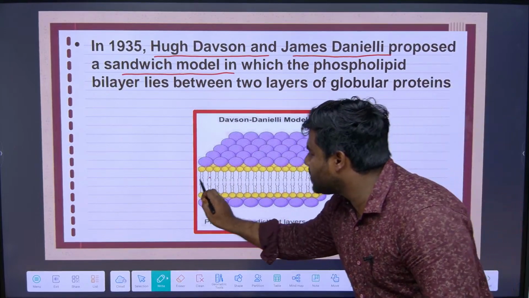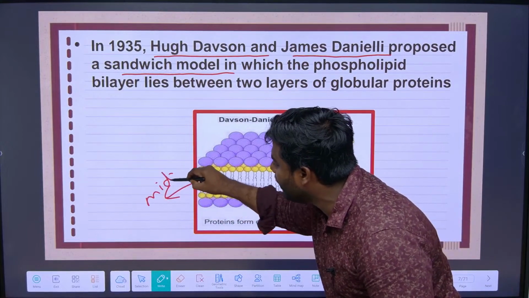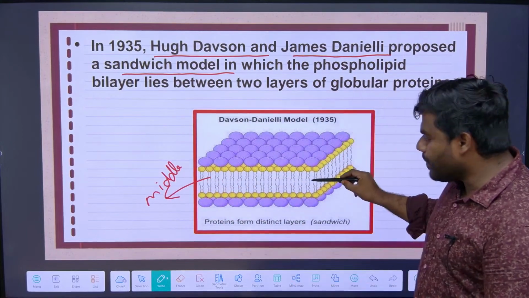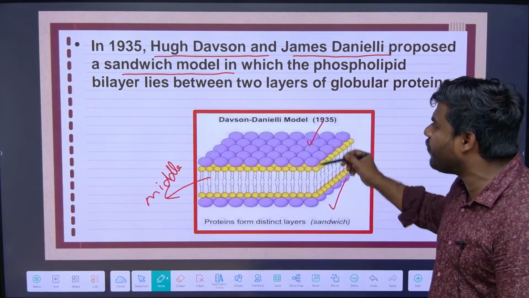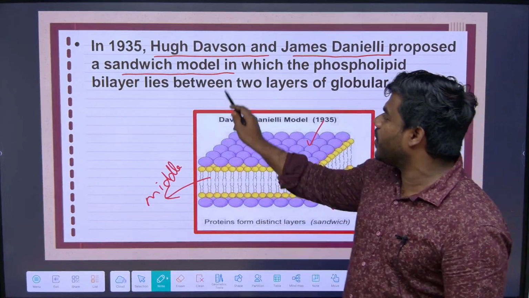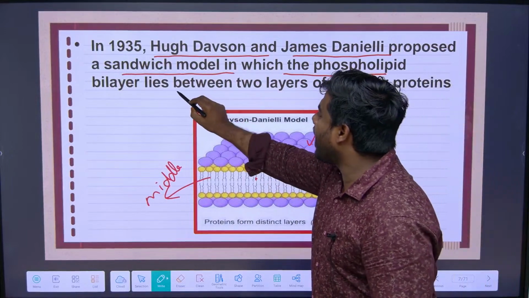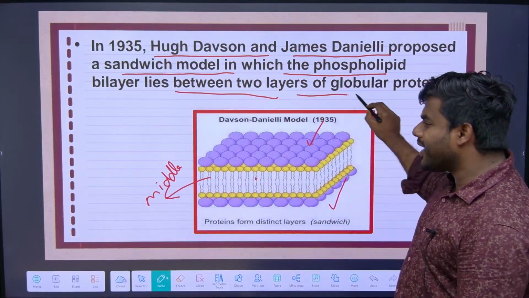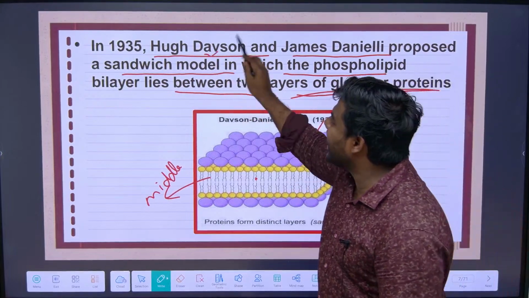If you observe, the lipid bilayer is present in the middle, and on either side it is covered by a layer of proteins. So that's the reason we call it what model? Sandwich model, in which the phospholipid bilayer lies between two layers of globular proteins.